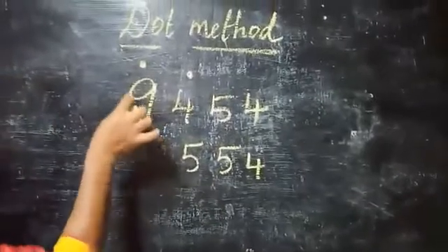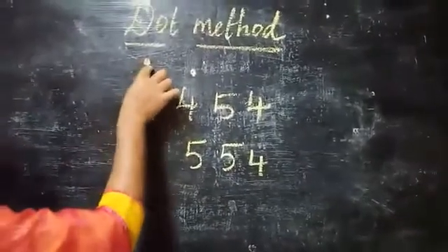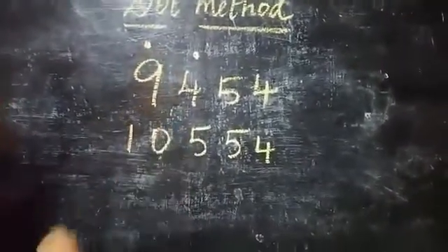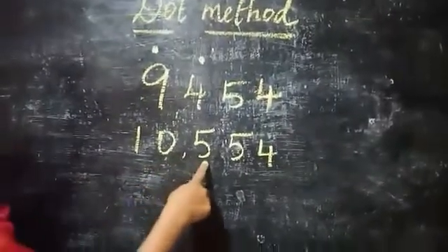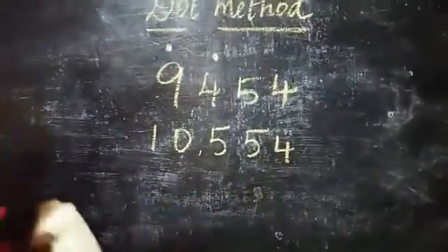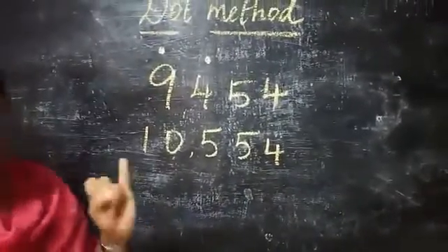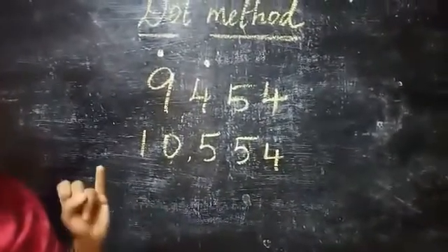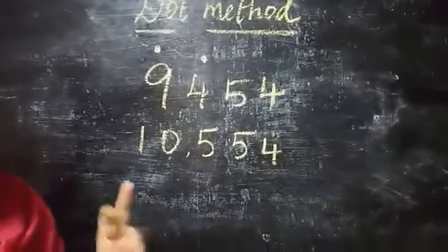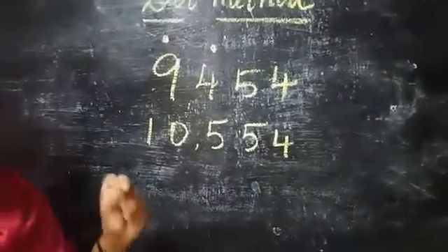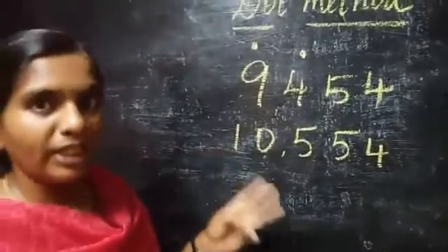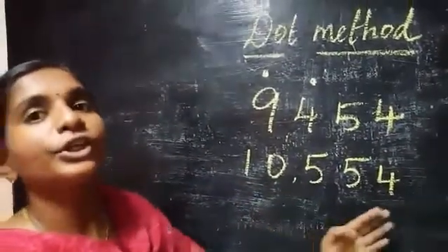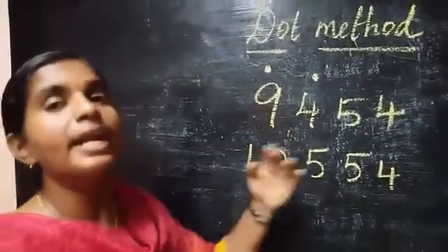And on the top of 9 you have a dot, it is called 10. So how will you read this number? 10,554. So step 1: check where the dot is present. Step 2: the dotted number alone should be added with 1. Step 3: then you write your new number.